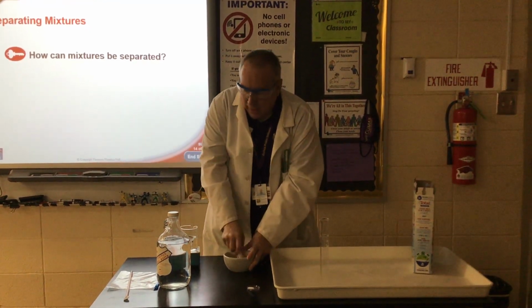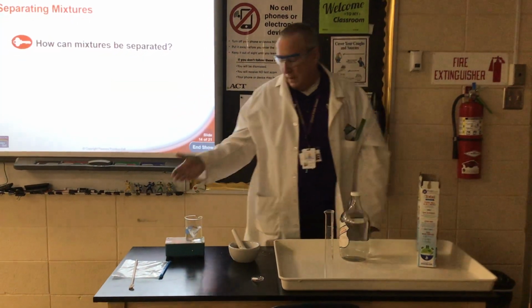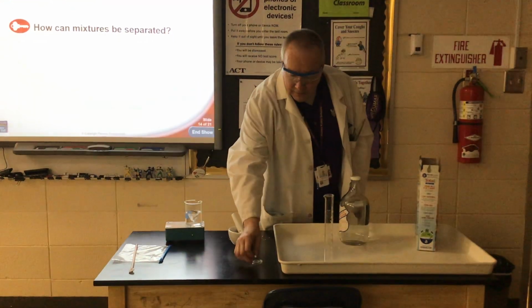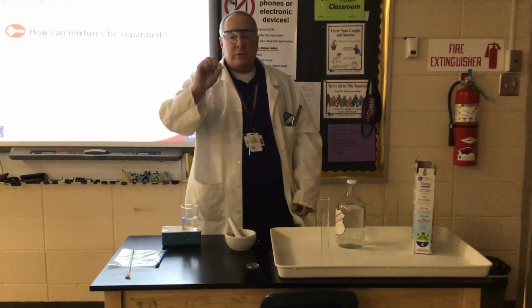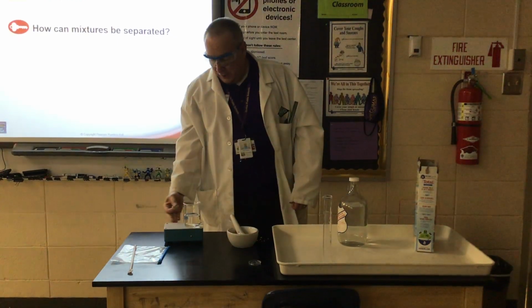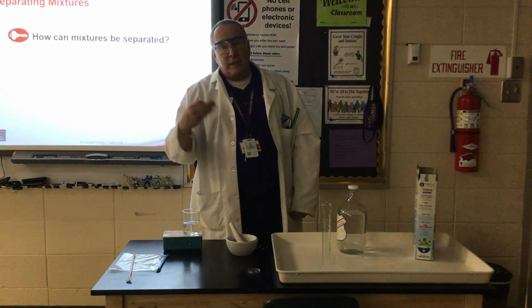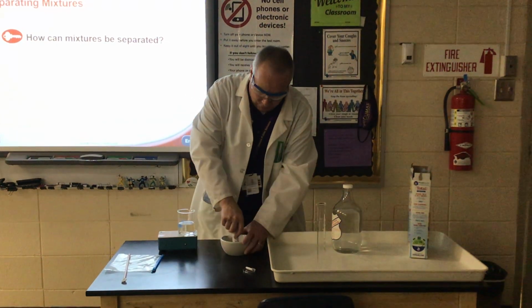Okay? If you look over here, I have a magnetic stir plate. Inside this beaker of water, I've got a Teflon coated magnet. And underneath the platform is a motor with a magnet attached that's spinning around, and it causes the magnet to spin and stir.